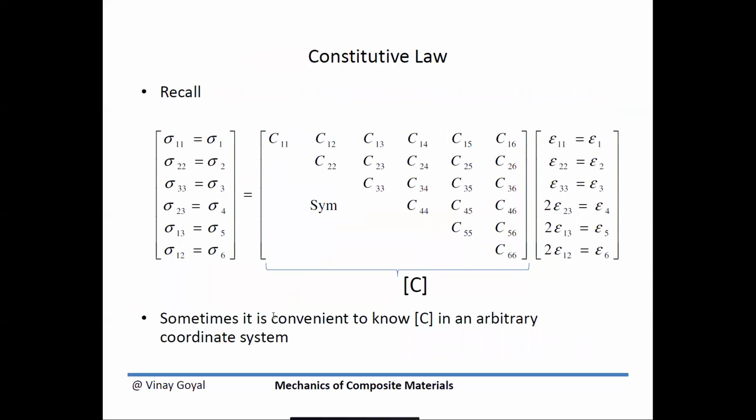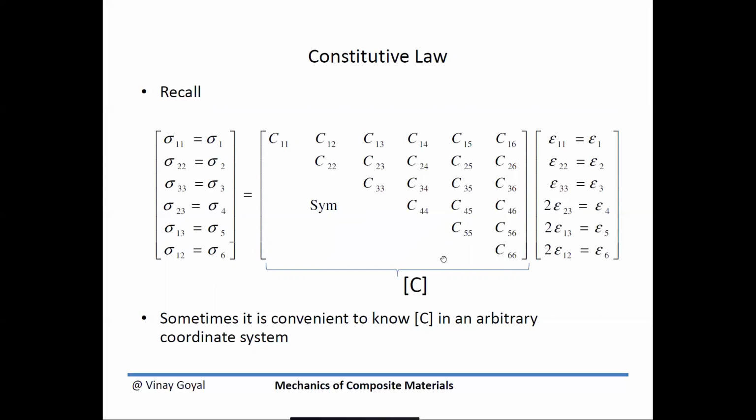Recall that the constitutive law that relates stress to strain is related through the stiffness matrix. The constants that go along with this stiffness matrix are determined from empirical data or testing. These are defined in the lamina coordinate system, and we would like to define C in an arbitrary coordinate system. That is what we're trying to achieve.